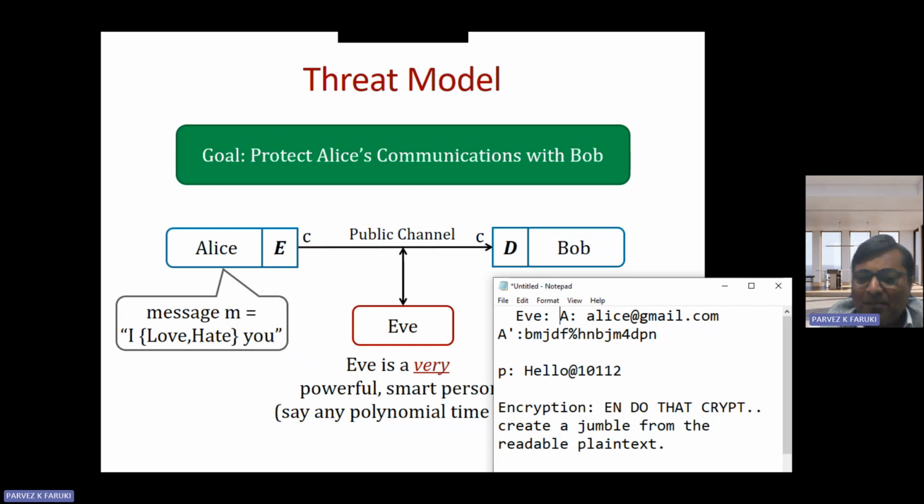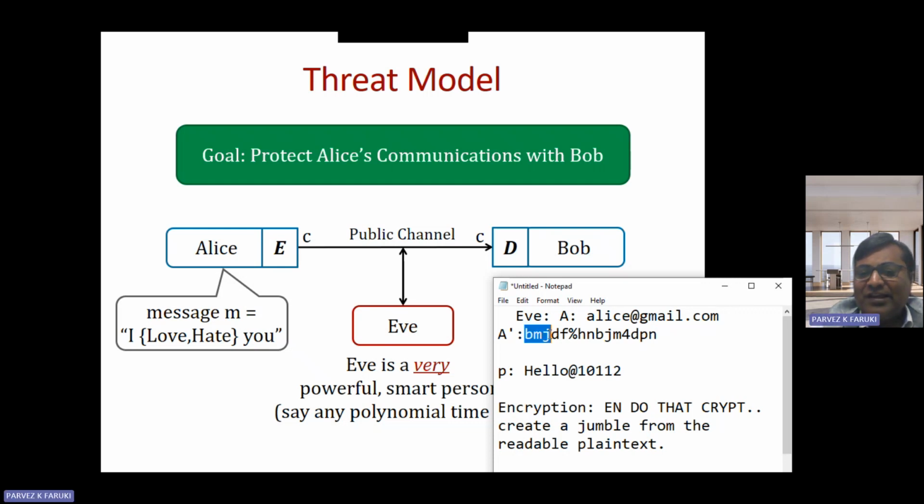Right now, let's assume we don't know how Eve got it, but if she gets this, Alice can be Eve. An adversary can masquerade as a legitimate user called Alice.